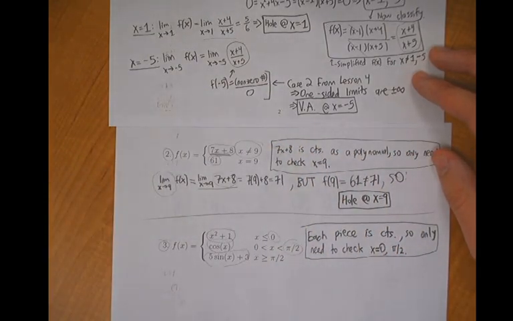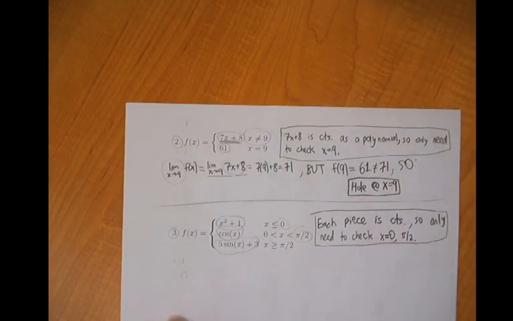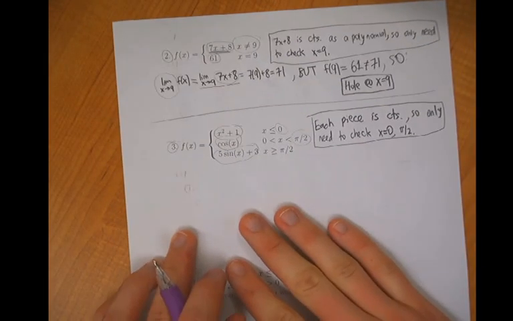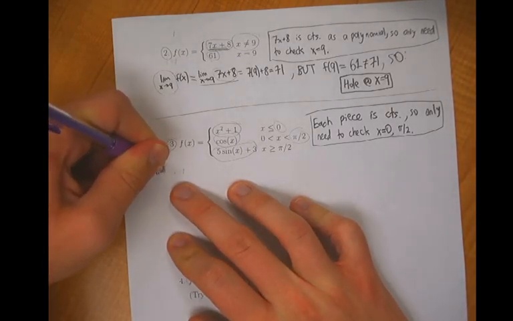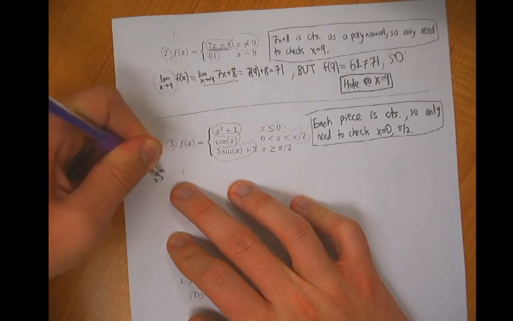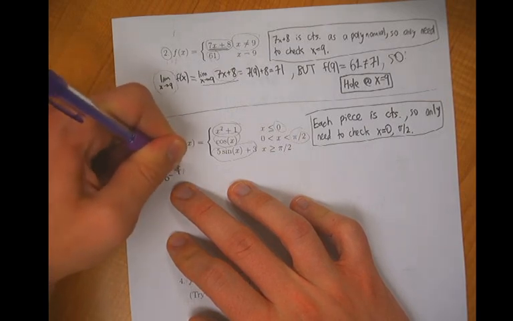Okay. So let's just focus on the one-sided limits here, and let's start with x equals 0. So let's start with approaching 0 from the left.